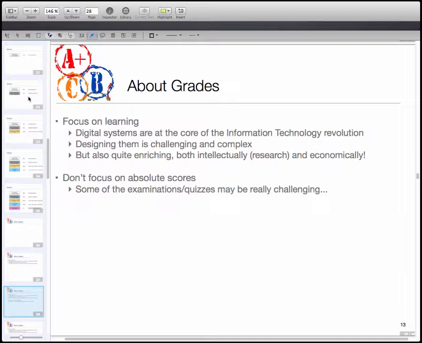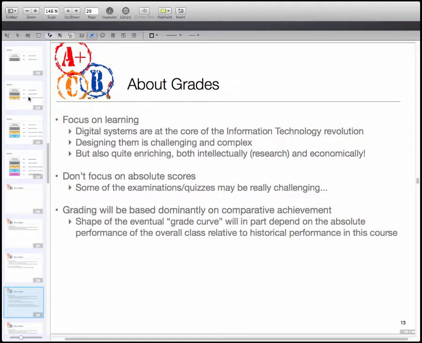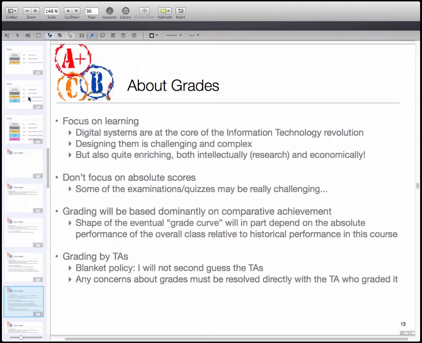But otherwise, the curve is within the class. So this way, I get to normalize for some assignments, which may turn out to be more challenging than perhaps I thought they might be. So dominantly comparative achievement, but the overall grade curve, we adjust it based on historical performance.